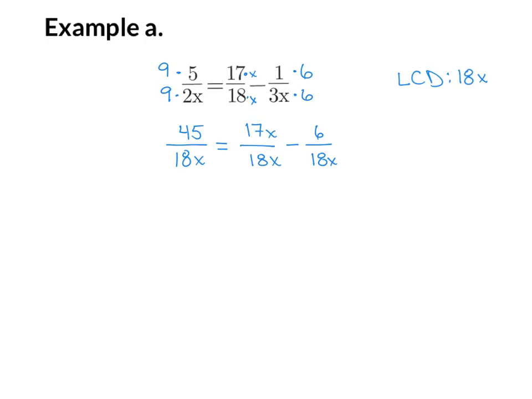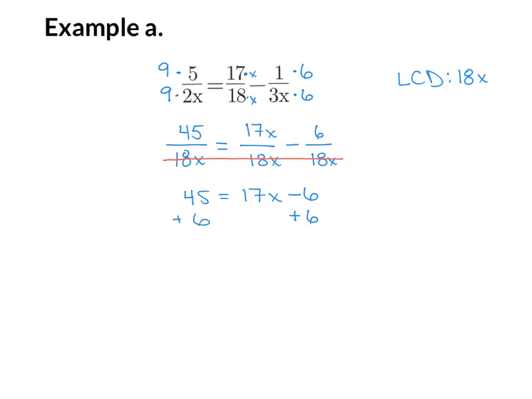All of my denominators are the same now, so I can cancel them. We are left with 45 equals 17x minus 6. This is a linear equation, so I have all of my variables on the right. I want to move all of my constants to the left.